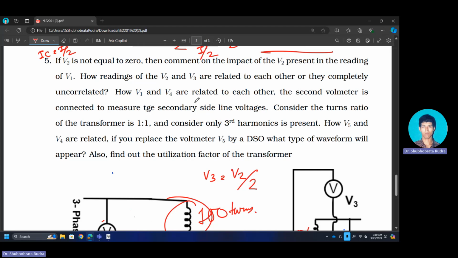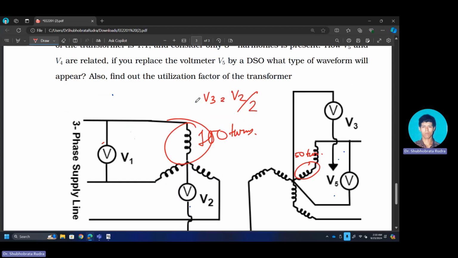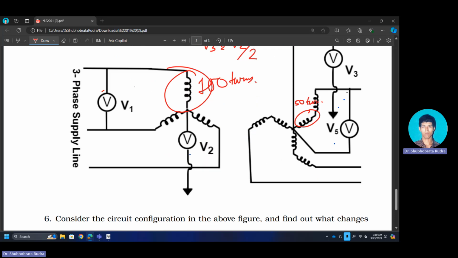How are V1 and V4 related to each other? Okay, V4 is not shown here, this got cropped out. So V4 is like this. Here the primary side voltage is the line voltage, and on the secondary side the phase voltages become root 3 by 2 of the primary side voltage.